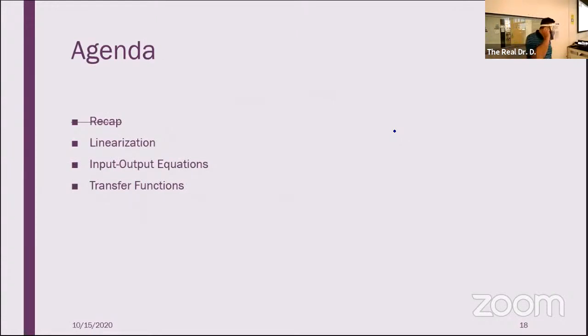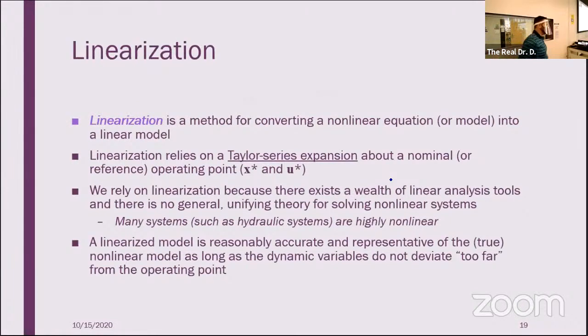Well, if we don't have any questions, let's talk about linearization then. This is the lead up. Not all equations are linear. How do we make them linear? How do we bend them to our will? Linearization is the method of converting a nonlinear equation into a linear equation.